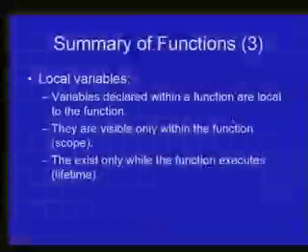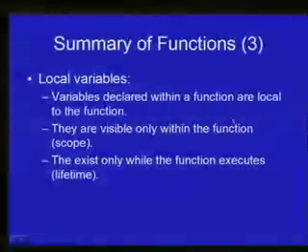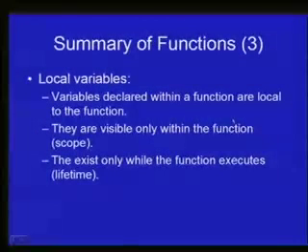Okay, and then we talked about local variables in functions. A variable which is defined within the body of a function is said to be local to that particular function. And we talked about the scope and lifetime informally of variables. We'll talk more about scope and lifetime. By the scope of a variable we mean the portion of the program code where that variable is visible, so to speak, or where it can be used.